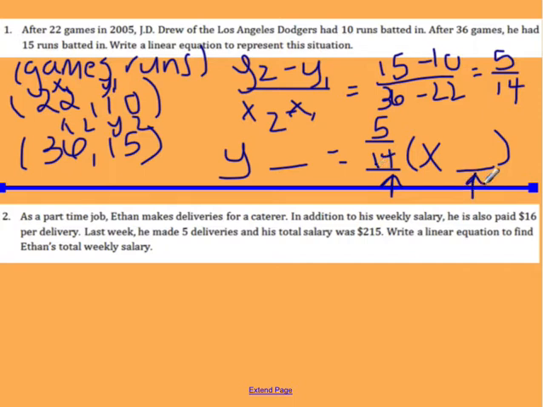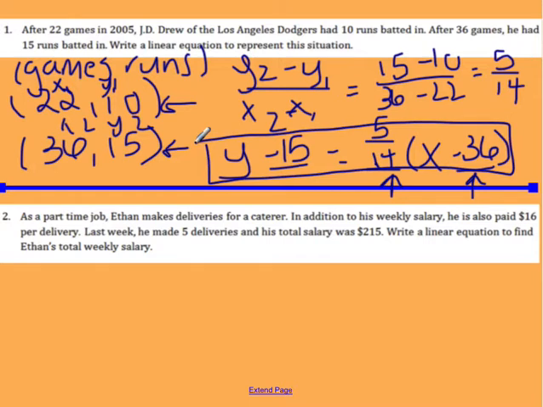Then in here, the opposite of the x-coordinate. It depends on which point we pick, but it doesn't matter which point you use. It means the same thing. So let's just use the second point. The opposite of 36 is going to be minus 36, and the opposite of 15 is going to be 15. So this right here is your final answer for number 1.